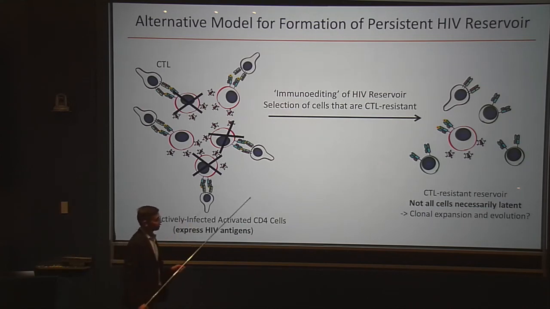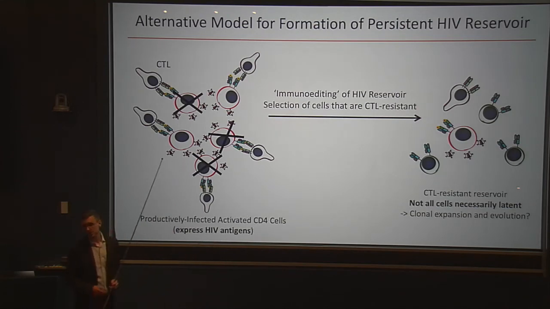If that's the case, then the reservoir that forms doesn't necessarily have to hide from the immune system all the time. And indeed, we can see some expression of HIV RNA in people on therapy. And if we wake them up and try to kill them with a cytotoxic T cell, we might expect to have some more difficulty doing that than we would have anticipated. And I think that's what underlied our observation that led us down this path in the first place.